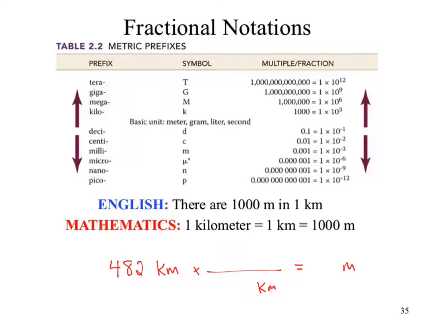No. Not yet, so what can I do? Put it on the top. What is the relationship between meters and kilometers? 1,000 meters is 1 kilometer. Where does the 1,000 belong? For those of you at home, everybody just said 1,000 belongs on top.